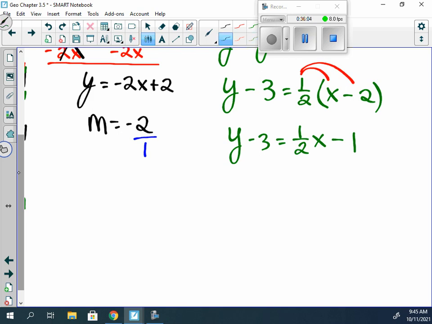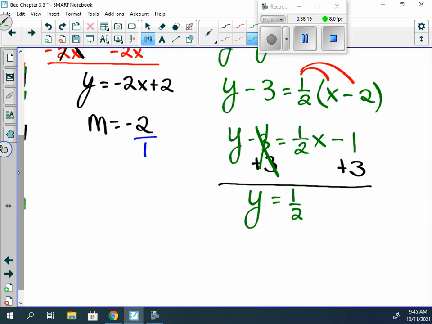Now what would we do next? Add 3 to both sides, because again, we do need to get the y by itself. So we get y equals, because these will cancel, 1/2 x plus 2. Any questions on these here?